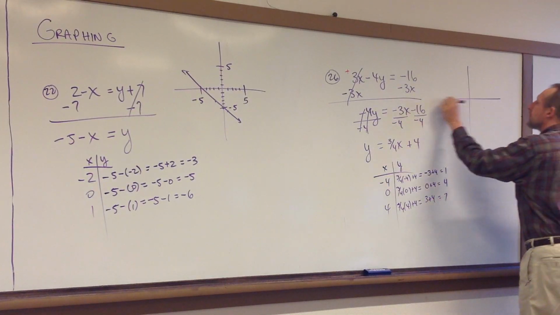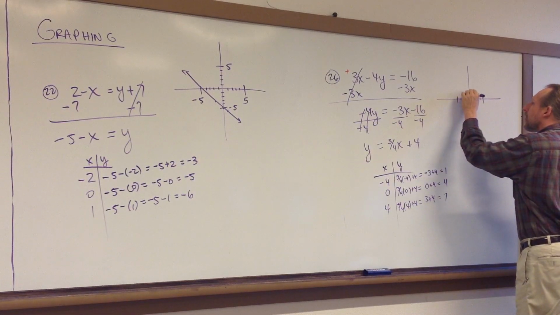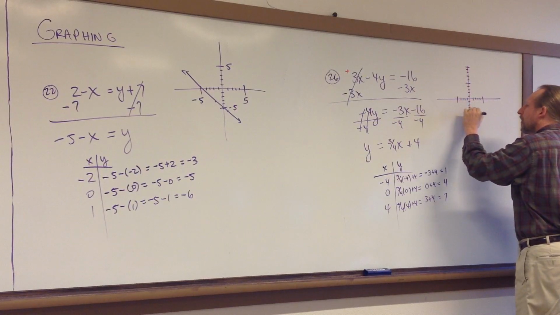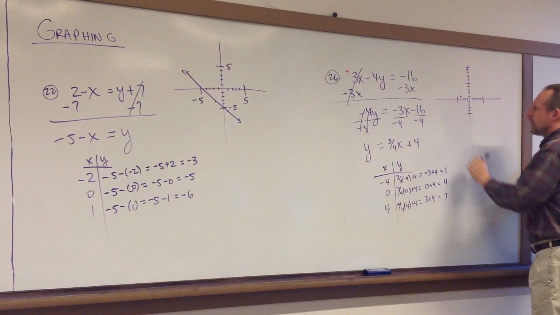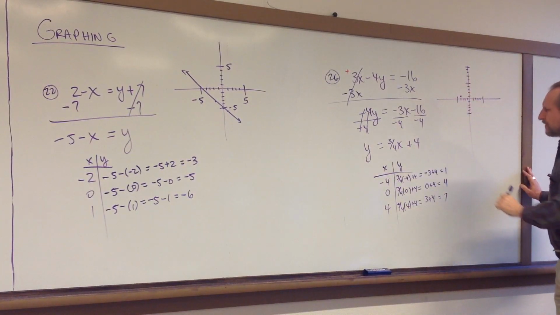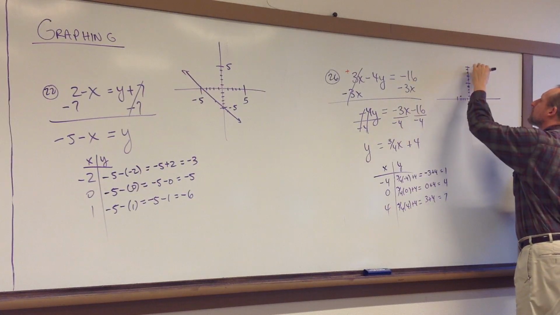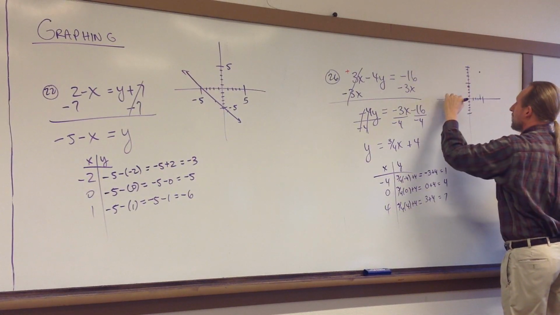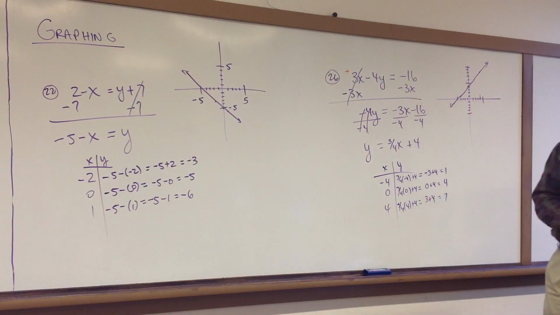All right. So, negative 4, 1, 0, 4, and then 4, 7. Right about there. And that gives us a nice straight line.